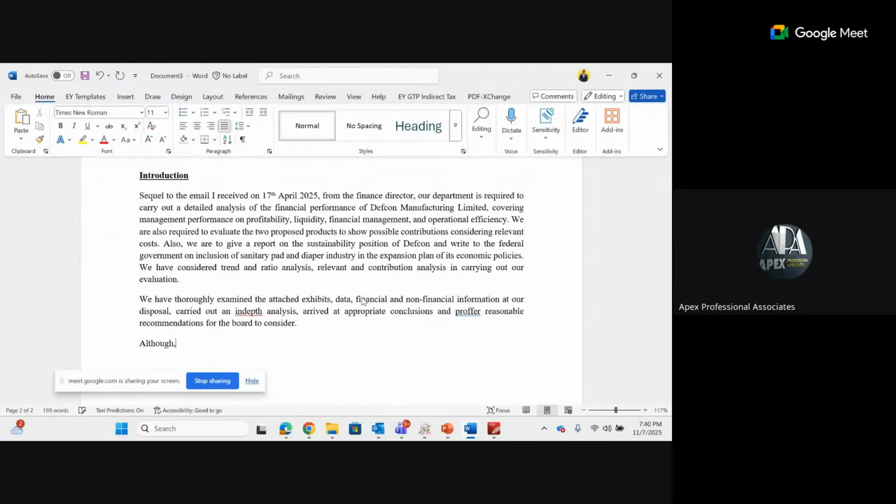Although the financial statements provided to us was not audited, as no mention of this was made.